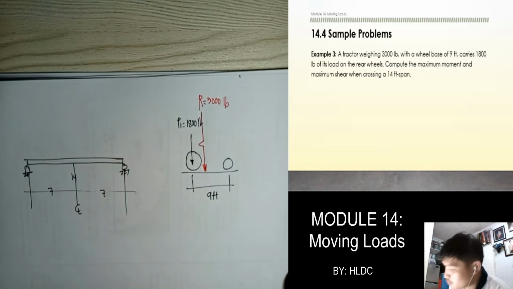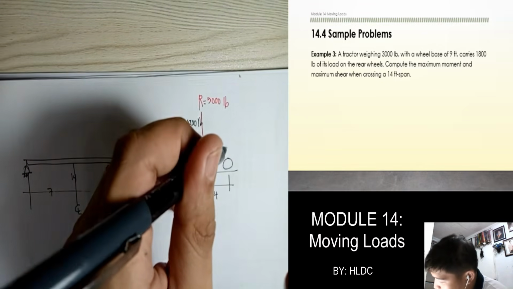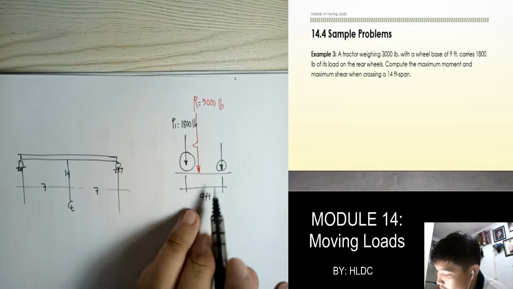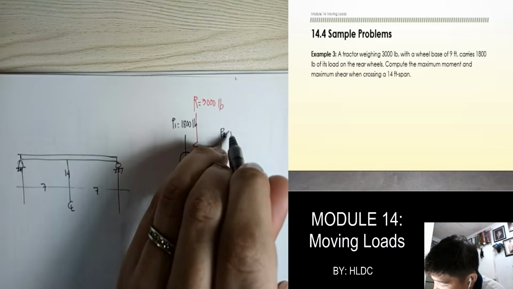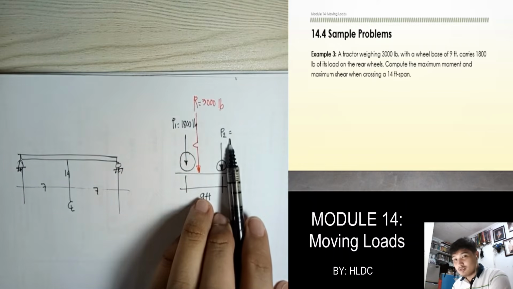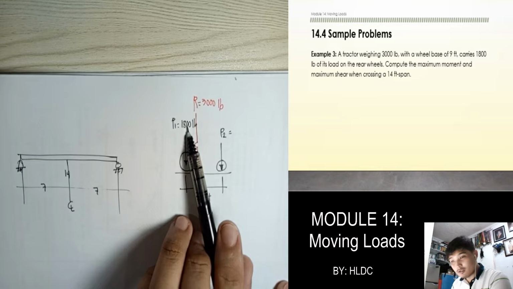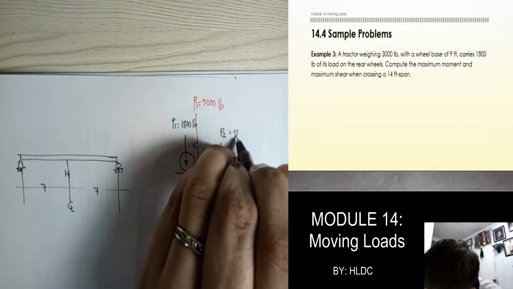Okay, so therefore, we now need first to solve for the load carried naman ng front wheel natin, which is yung P2. Okay, ilan yung P2, class? So, madaling-madali. So, kung 3,000 yung total, 1.8 ang kinikerry nung nasa likod. So, therefore, this one is 1,200 pounds.